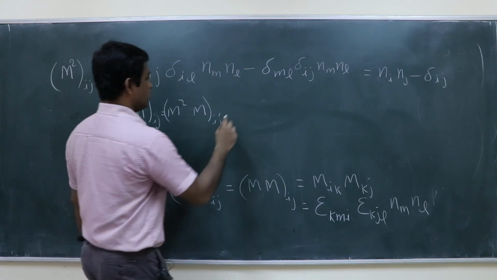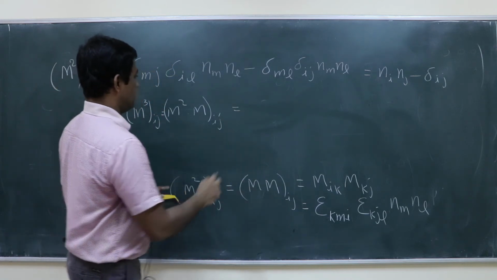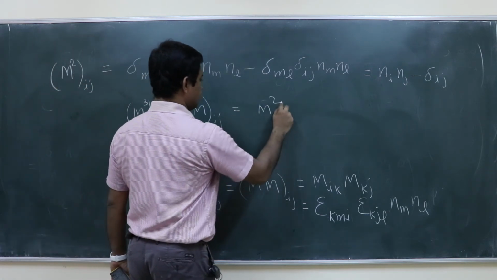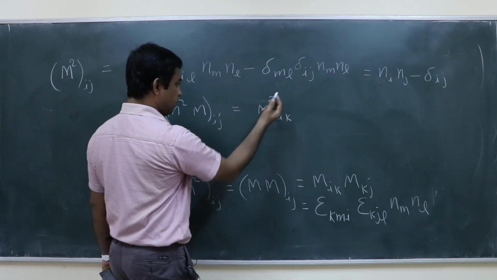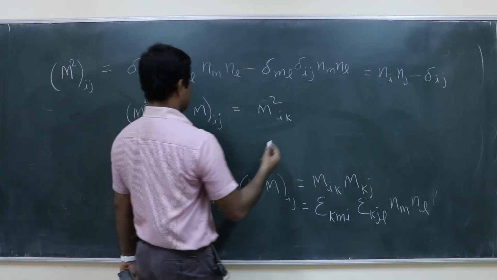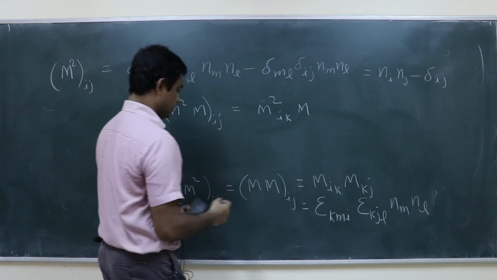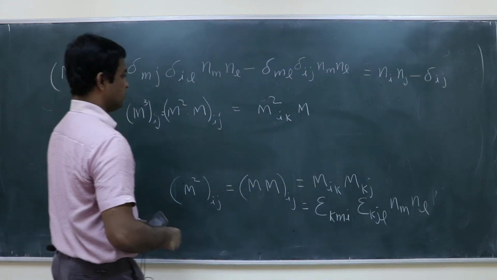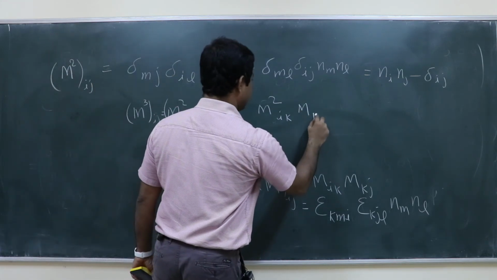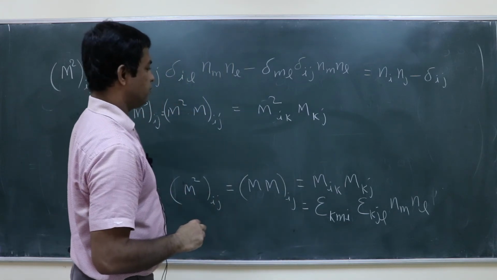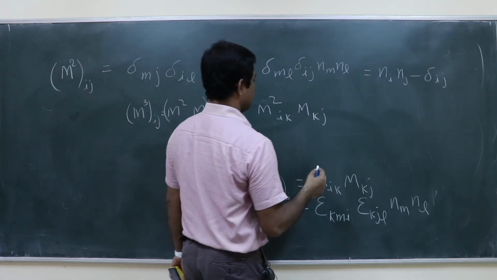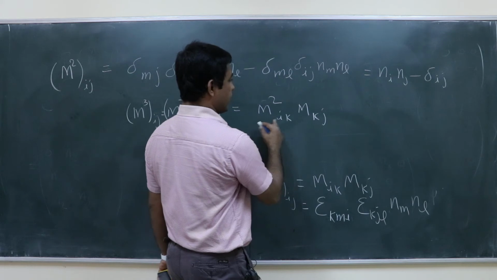So this is equal to the m square ikth component, then the m matrix kjth component. So what is the m square ik component?